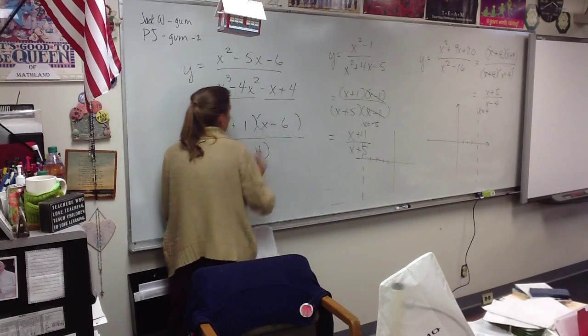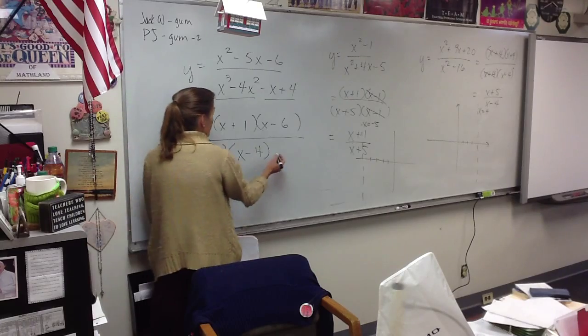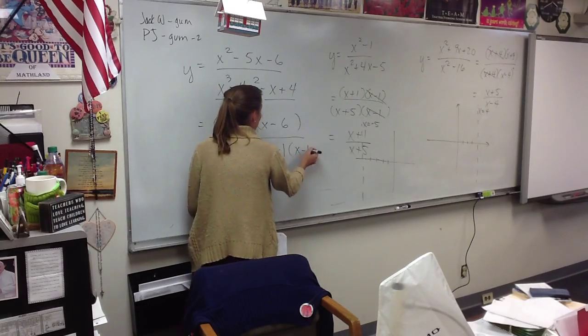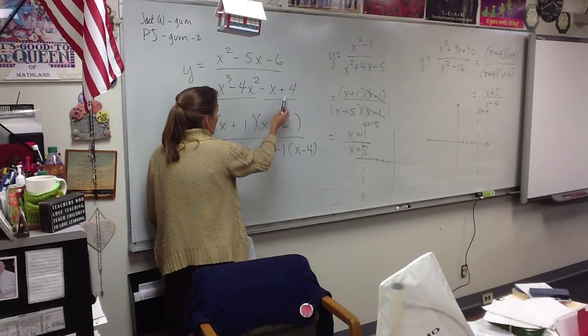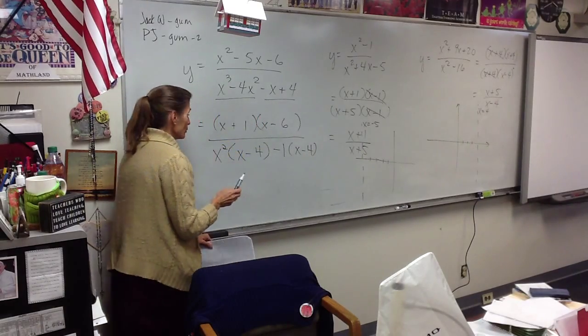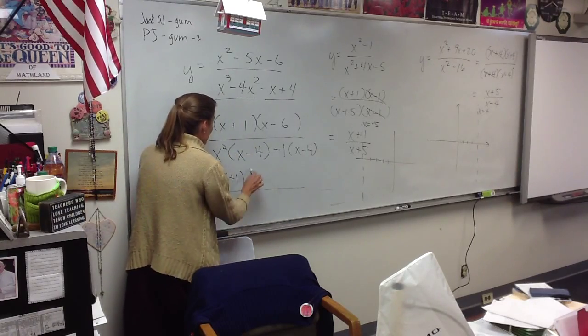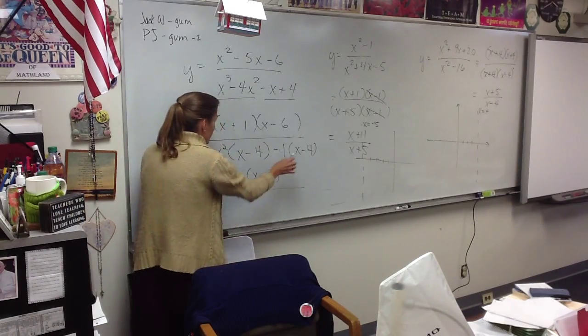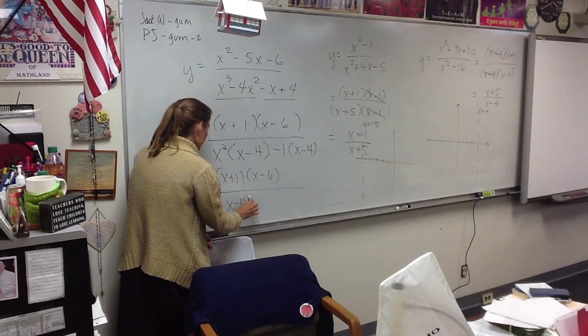And then the second section, not much to do there, but take out maybe a -1. Remember, if you take out a -1, that'll become x minus 4, which is really good news because they match. So I write them down.